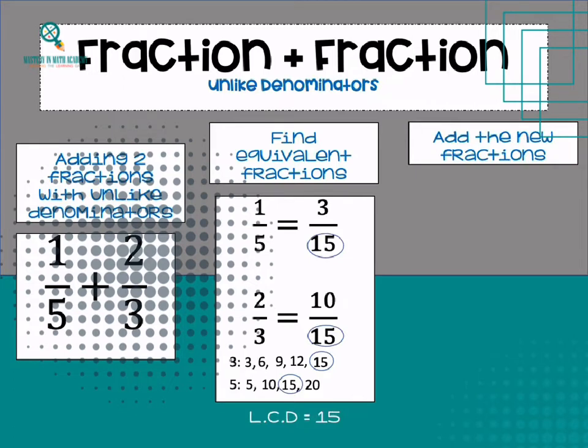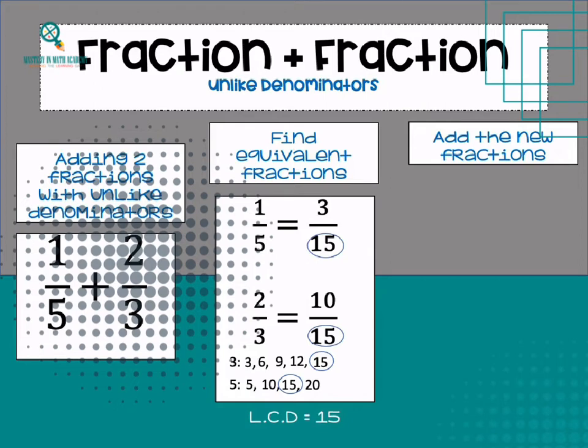I know some of you might ask, what is the whole point of doing this? The whole point of doing this is so that we can have the same denominators. Because if your denominators are not the same, you cannot add them. You cannot subtract. You cannot divide. There is a special rule when we're multiplying fractions.